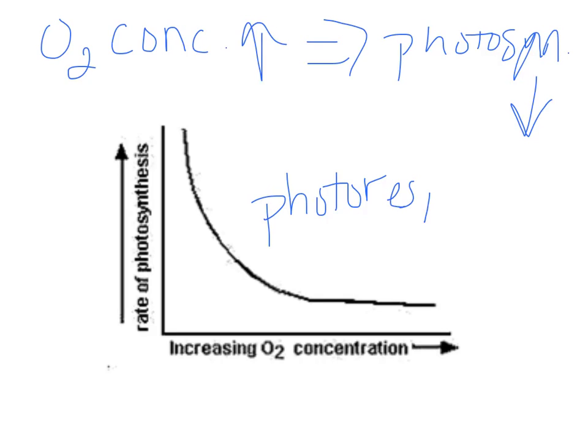Okay, and we're going to talk about what that means in just a second. That's why our rate of photosynthesis is going to decrease, because photorespiration is happening, and photorespiration is bad for the plant. And like I said, it decreases the rate of photosynthesis.